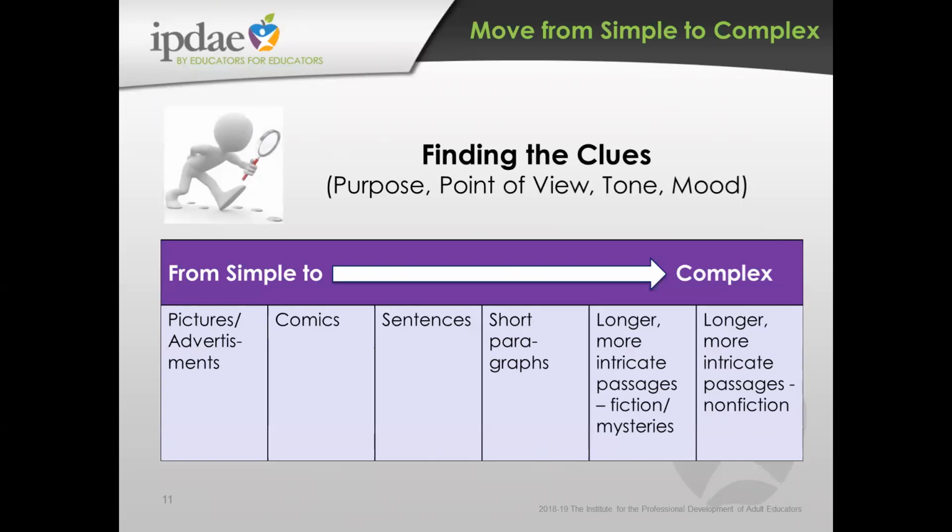Or do they jump in halfway through this little chart here, maybe short paragraphs? If they do, step back for a moment. Step back and see, can you first engage students in finding purpose, point of view, tone, or mood by providing pictures or advertisements, or comics like we just used, or even a sentence.